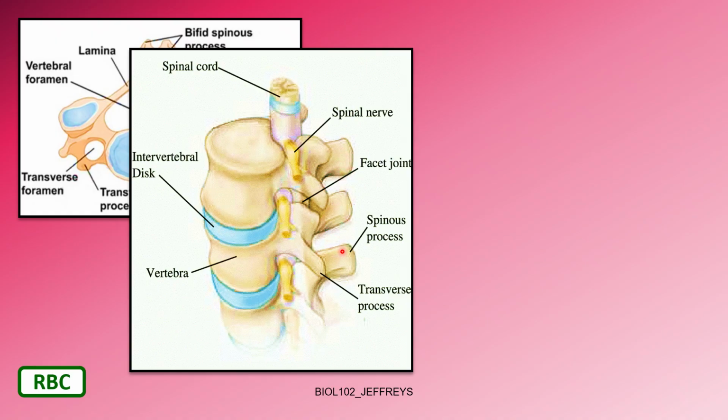So again, these are the bumps on your back that when you bend over, you can see them in a mirror, or somebody can see them, can feel them. Those are the spinous processes on the dorsal side of the vertebral column. And here you can see some spinal nerves coming out through those transverse foramina.